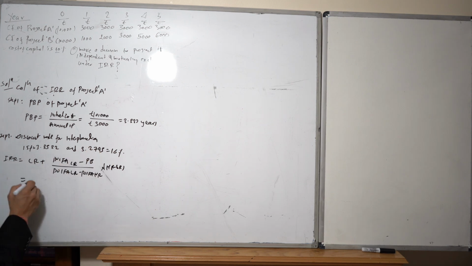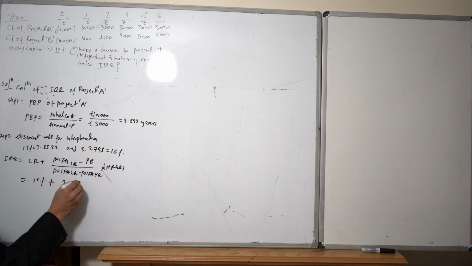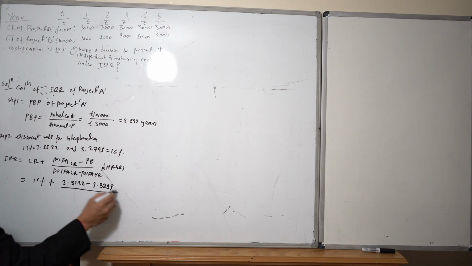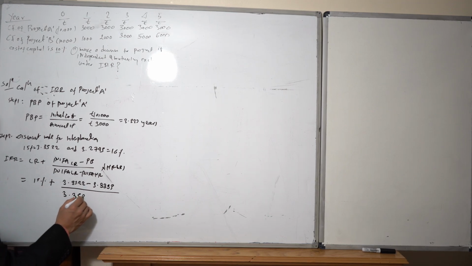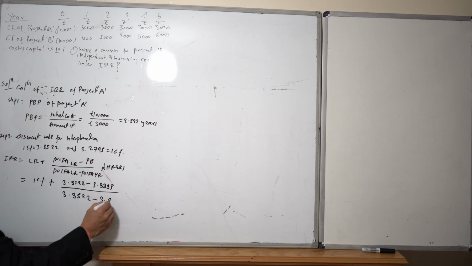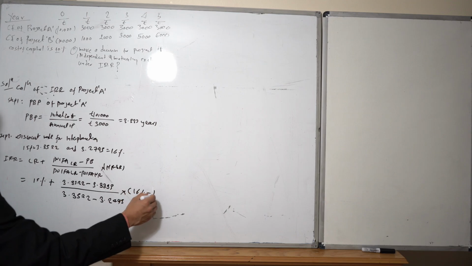So the lower rate over here is 15% plus present value interest factor at lower rate, that is 3.3522, minus payback period, which we know is 3.3333. We are taking here 4 digits after the decimal. Then present value interest factor at lower rate, again 3.3522, minus present value interest factor at higher rate, which is 3.2743, multiplied by 16 minus 15.